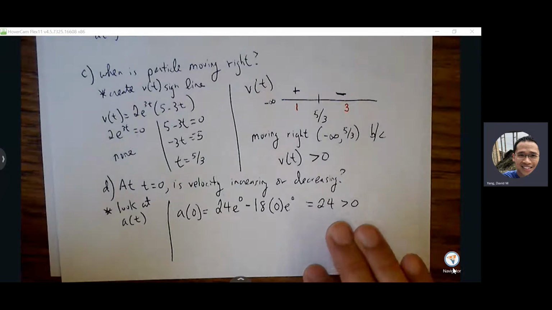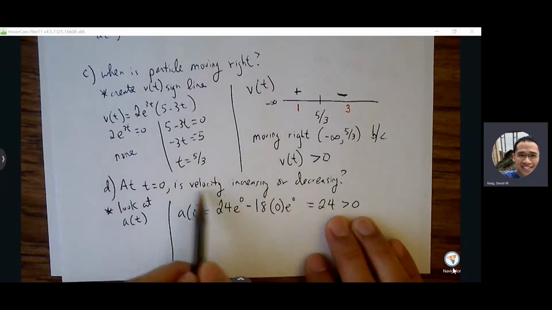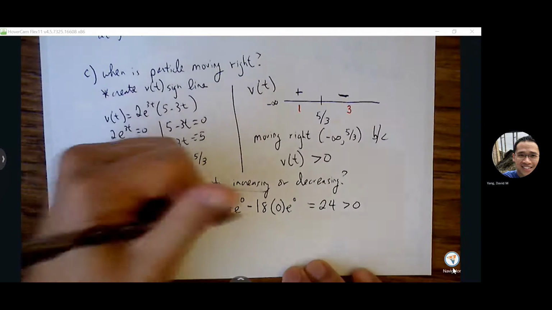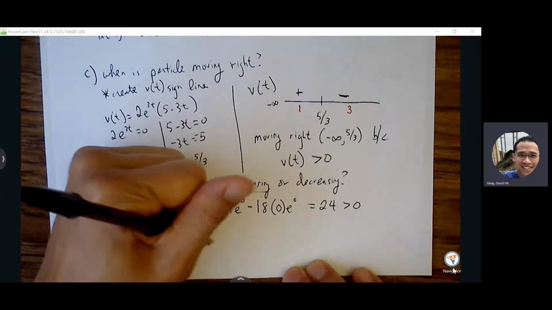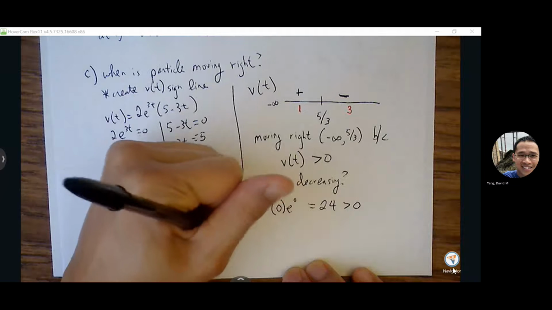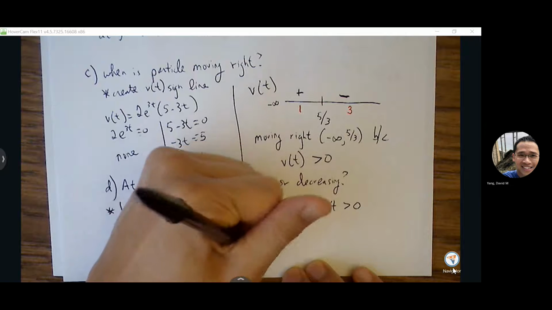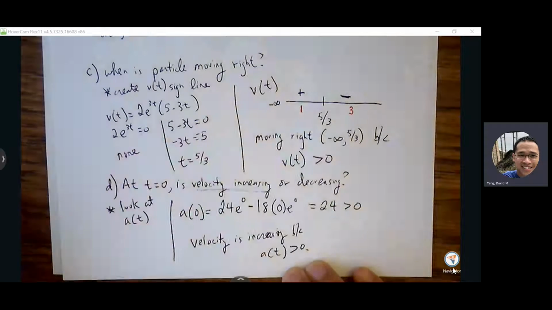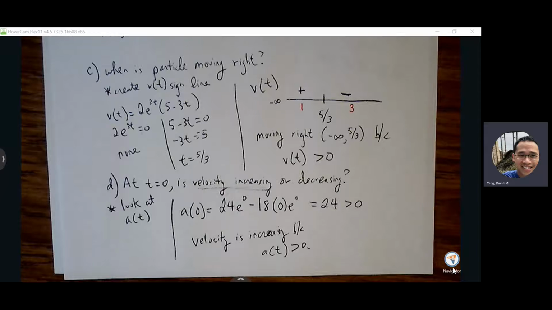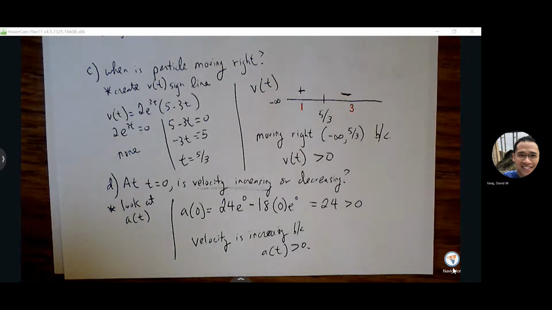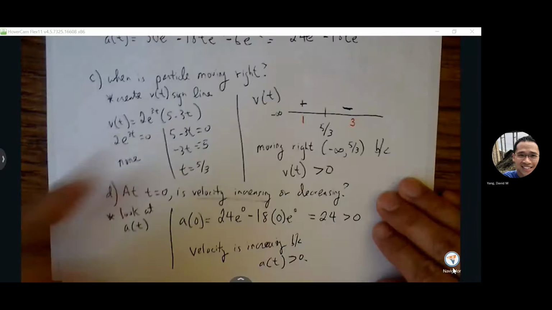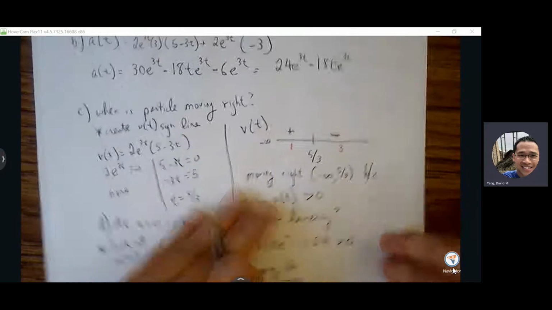So because acceleration is positive, velocity must be increasing. Okay, good. All right, number 3.